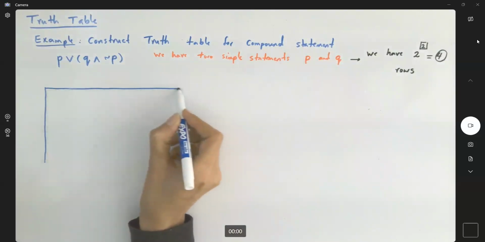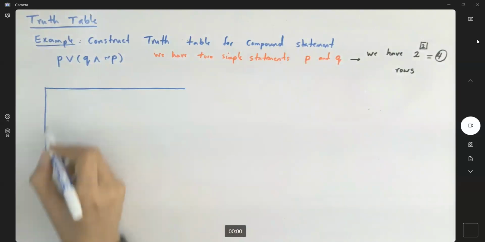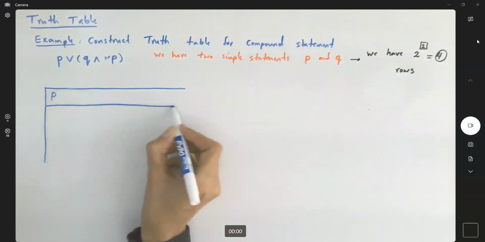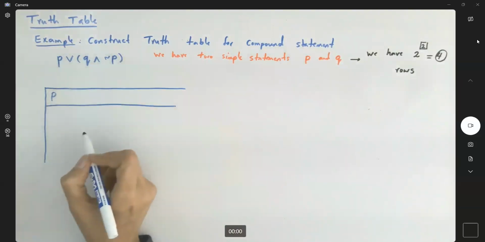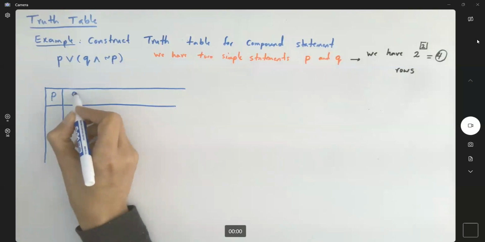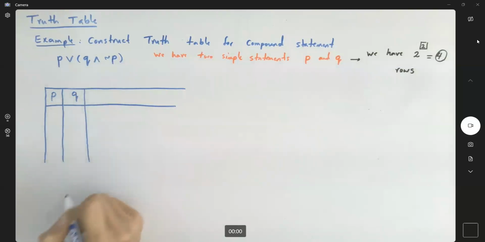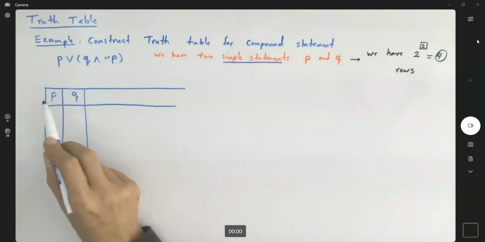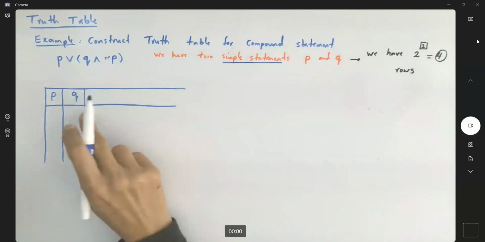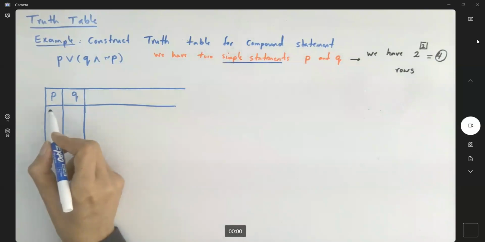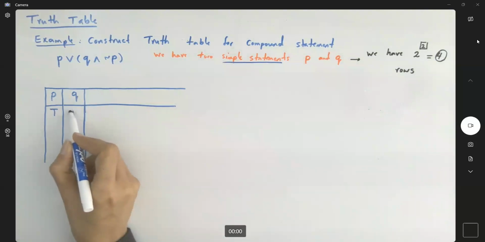We're going to form our table. One by one, we're going to build each column and construct each of these statements. So P, then Q. These two are fixed because we only have 2 simple statements, P and Q. They form the very first 2 columns. So what are the combinations possible? The first statement can be true, the second statement can be true as well.